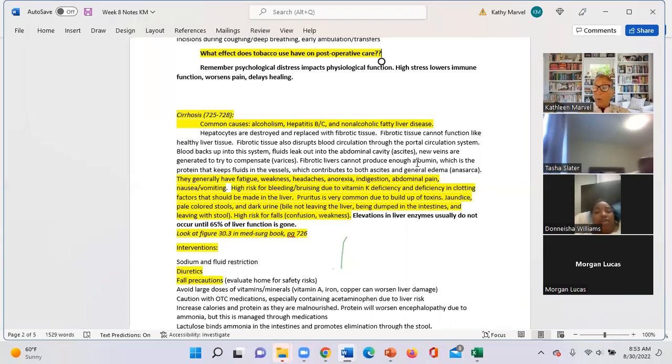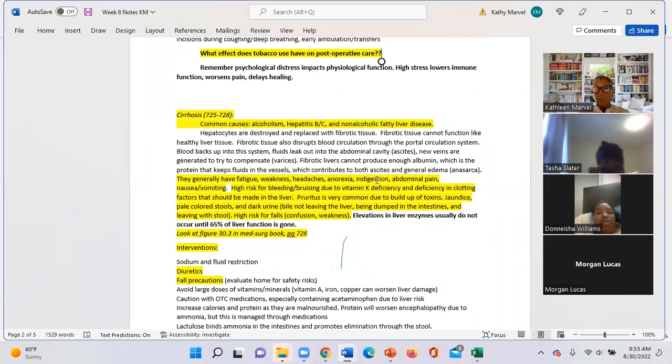All right. One of the things that we need to know is what a cirrhosis patient might present with. Okay. Fatigue, weakness, headache, anorexia, indigestion, abdominal pain, nausea, vomiting. Okay. What are they at high risk for? Right? They're at high risk for bleeding and bruising from what?